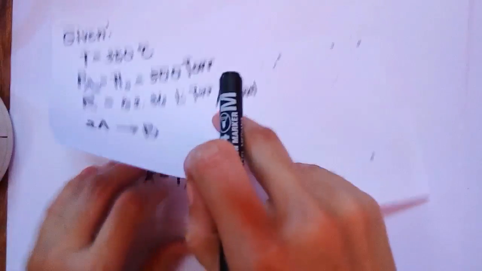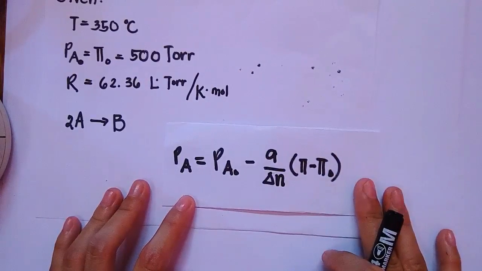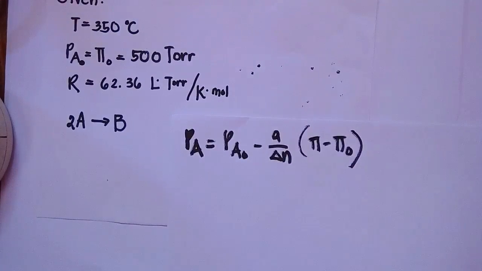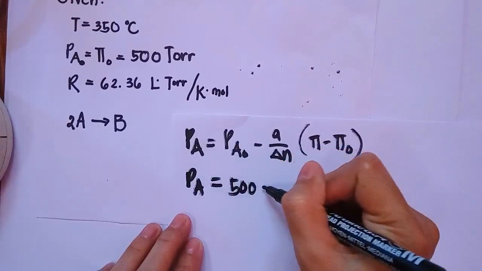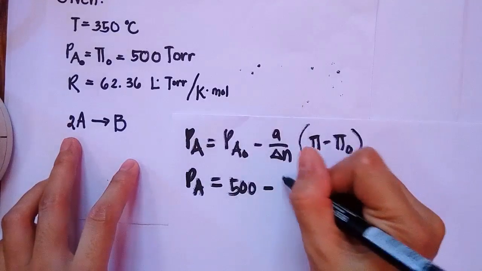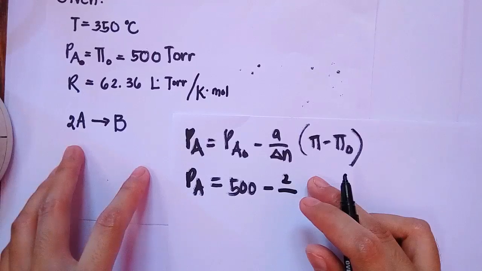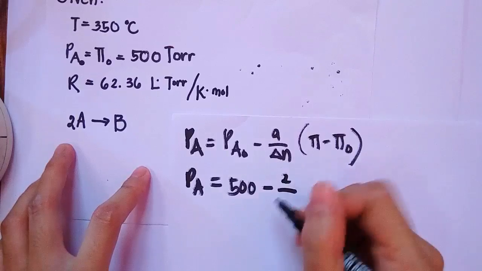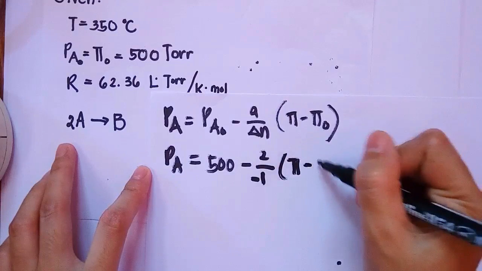Substituting the given values, PA equals 500 minus a, where a is the number of moles of our reactant, which is 2, over delta n, the difference between the number of moles of our product and our reactant, so 1 minus 2, which is negative 1, times pi minus 500.